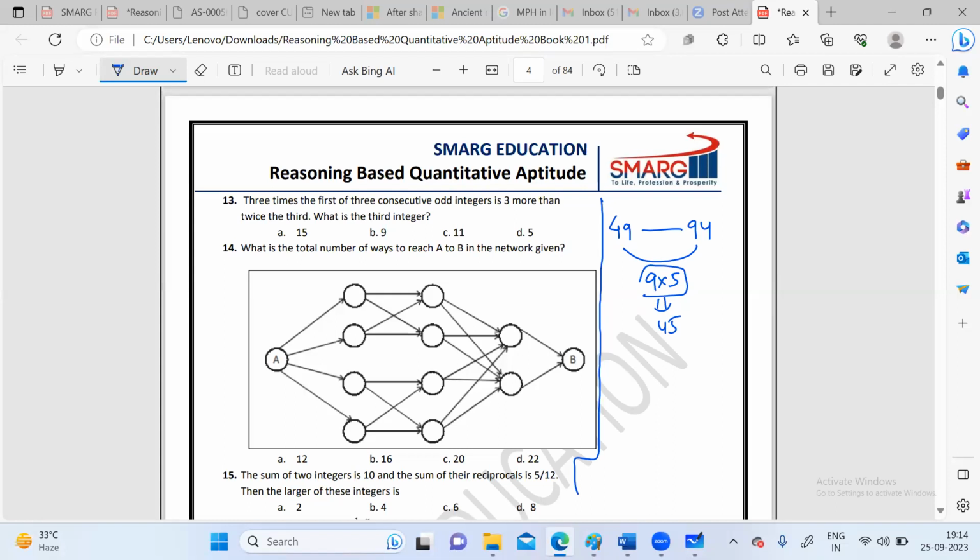Like if someone is asking about a two-digit number which, when its digits are reversed, becomes 25 more than the previous number, you will say it cannot happen, because the difference of a two-digit number when its digits are reversed can never be 25.